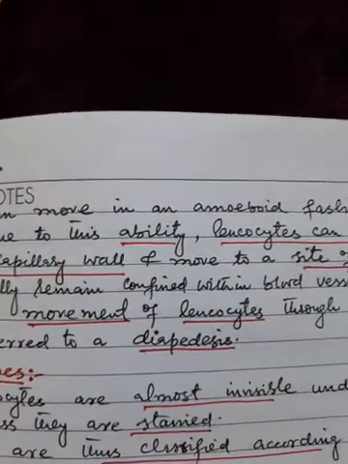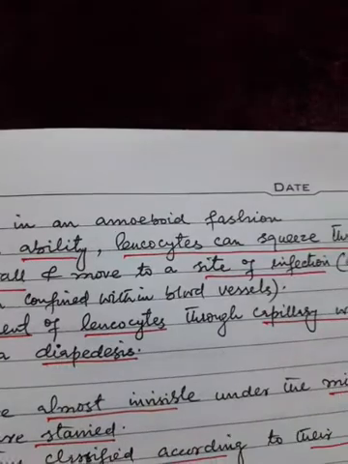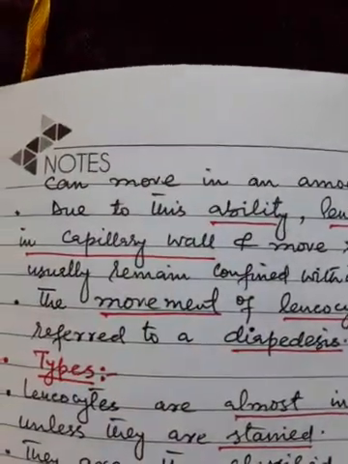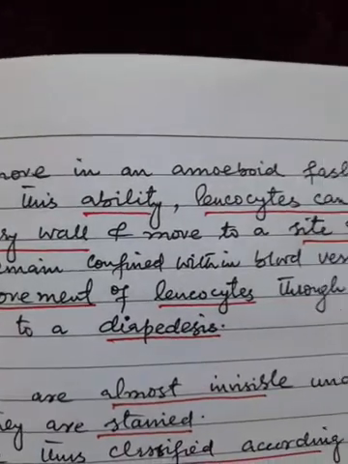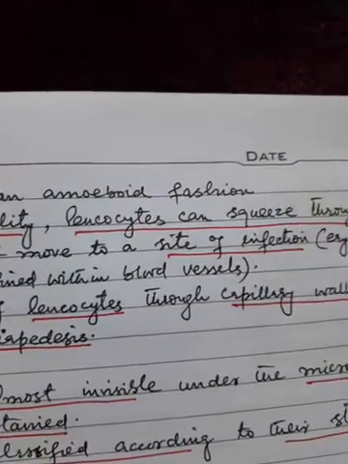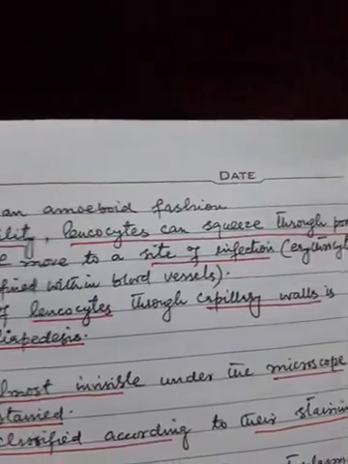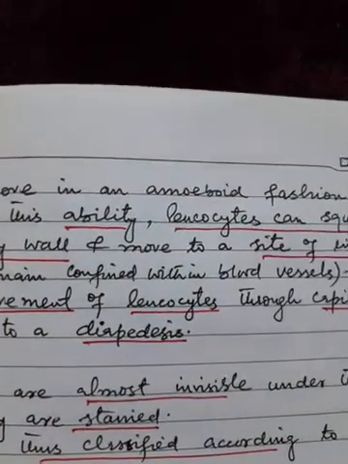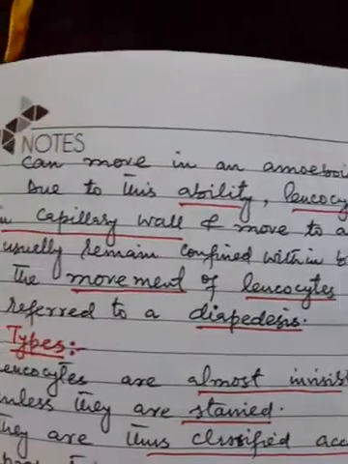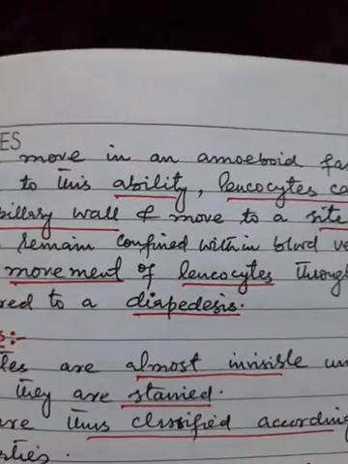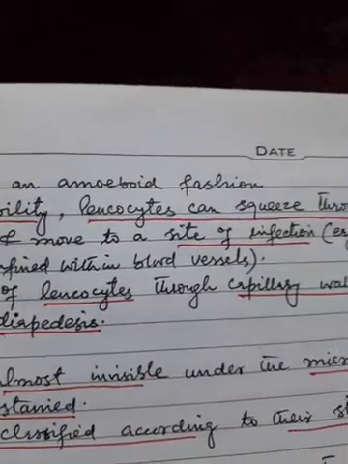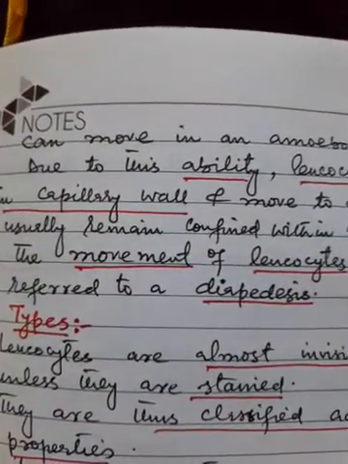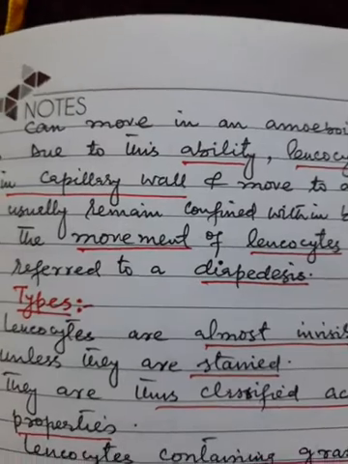Due to this ability, leukocytes can squeeze through pores in capillary wall and move to a site of infection. Erythrocytes usually remain confined within blood vessels. The movement of leukocytes through capillary walls is referred to as diapedesis.